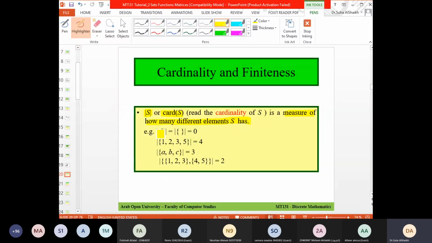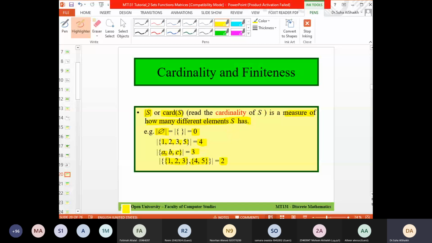So what's the cardinality of phi? Phi is empty. How many elements does it have? 0. What's the cardinality of the set {1, 2, 3, 5}? 4. What's the cardinality of {A, B, C}? 3. What's the cardinality of the set that has the set {1, 2, 3} and the set {4, 5}? 2.